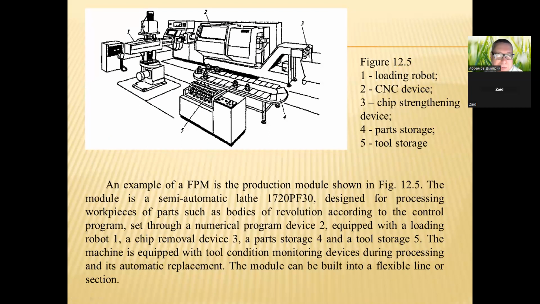Figure 12.5, position 1, loading robot. Position 2, CNC device or CNC machine. Position 3, chip straining device. Position 4, part storage, and position 5, tool storage.